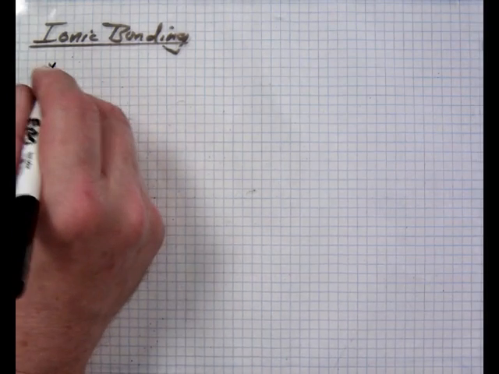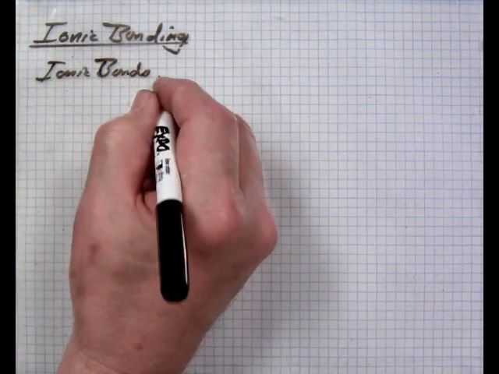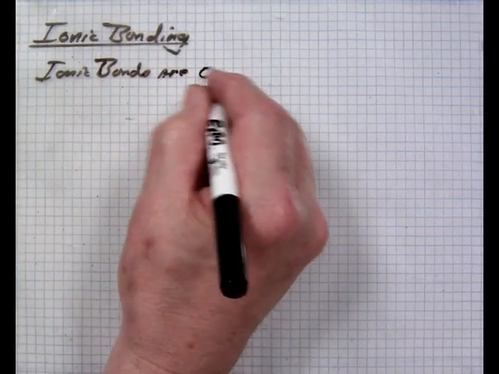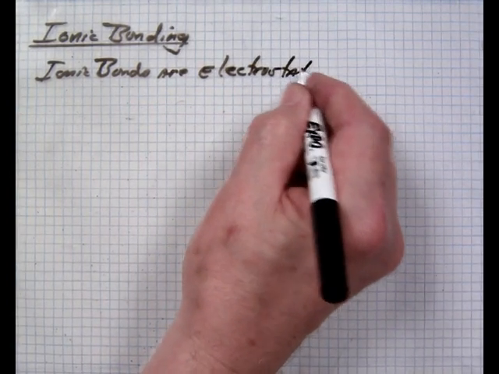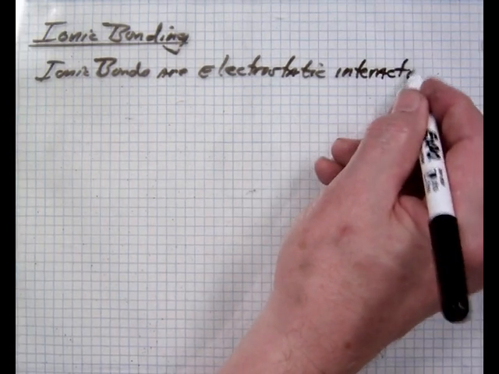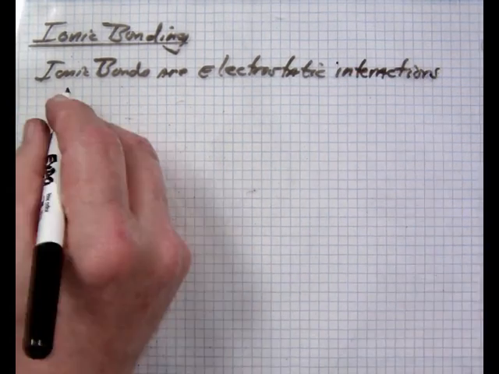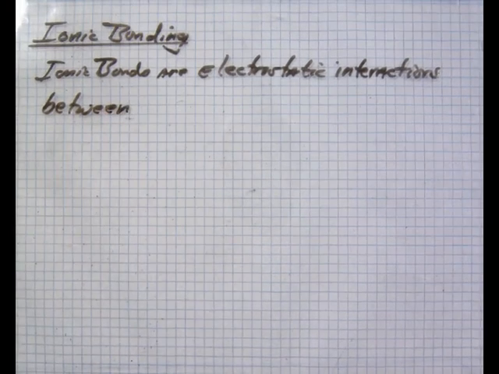Ionic bonds are electrostatic interactions between charged particles.